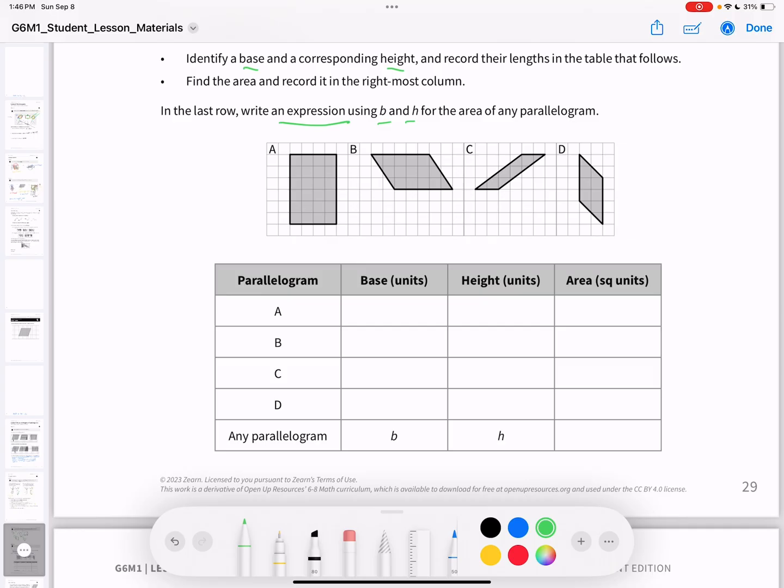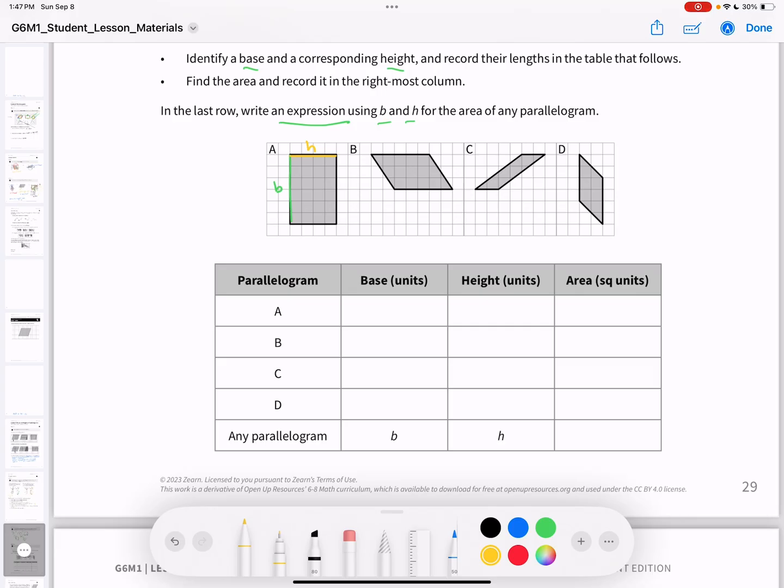So I'm going to choose this side as my base because any side can be the base. And then I need the height to come out at a 90-degree angle. Well, I know that rectangles have 90-degree angles for every angle. So I'm just going to go like this. That's my height.